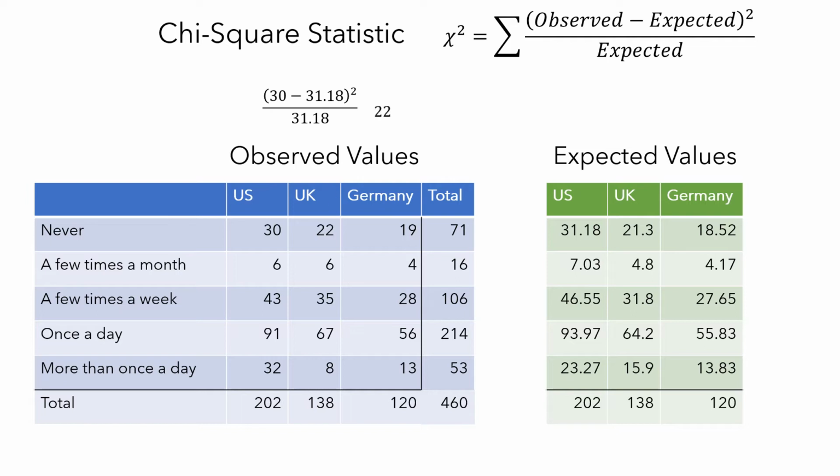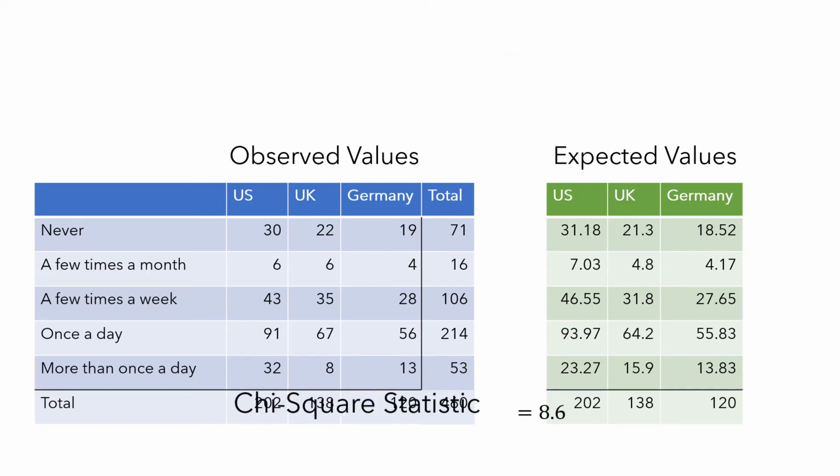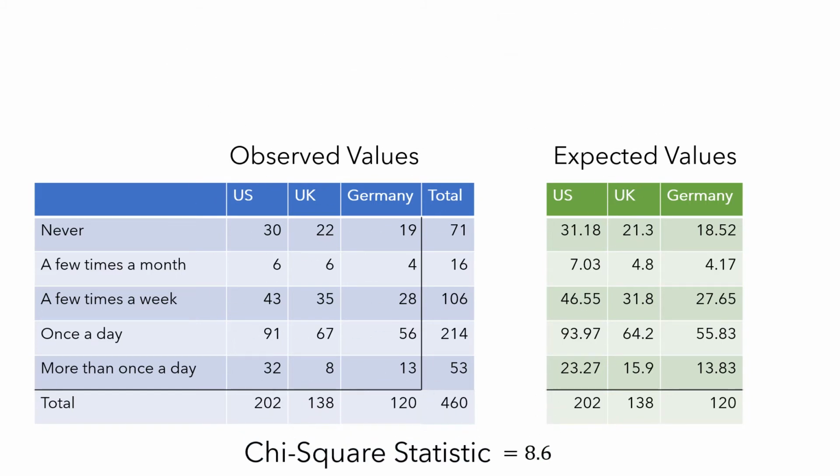Then we'd repeat this process for the next pair of observed and expected values, and add. Then we'd repeat this for the next pair, and continue this process. After doing all this, we'd get 8.6. And this number summarizes the difference between the observed and expected values.